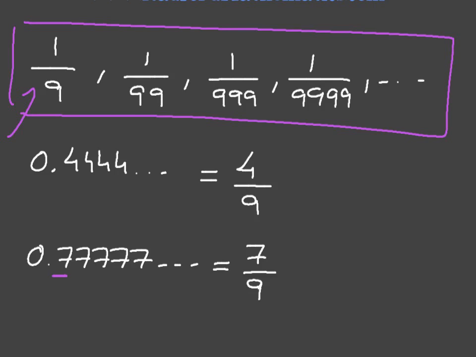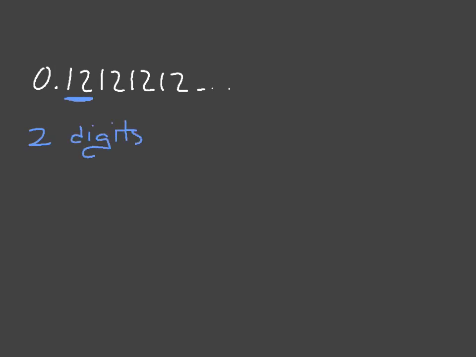Let's see how to do it for more. Let's say we were given the number 0.12121212, and so on. To write this as a fraction, the key thing we notice is that there are two digits which repeat themselves. That's 1 and 2. Because there are two digits, we'll use the fraction that we saw in the beginning with two 9s on the denominator. So we're going to use 1 over 99.